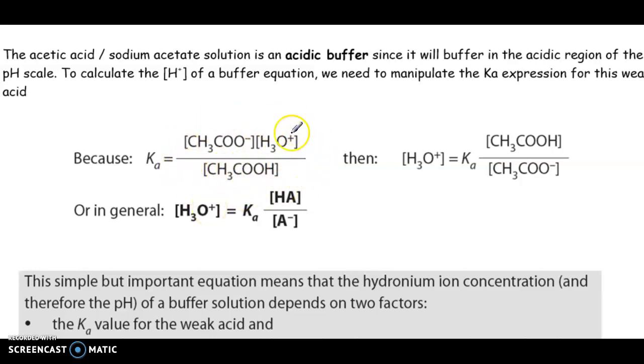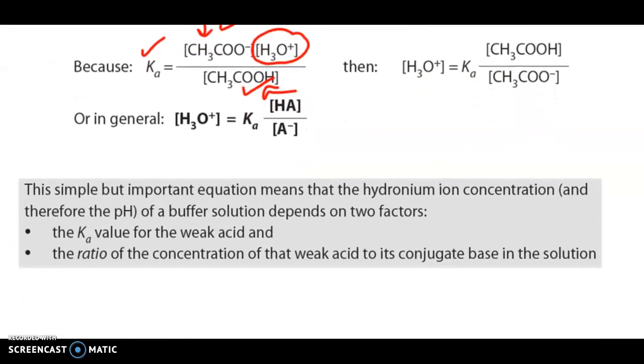So if we wanted to solve for hydronium to solve for pH, we would essentially have to know all of these other pieces of information at equilibrium. But remember, if we know what these concentrations are of our acid and our conjugate base, we would be able to have that information because we're going to be at equilibrium. And we'll get through some practice problems, but just to show you where that formula is coming from.